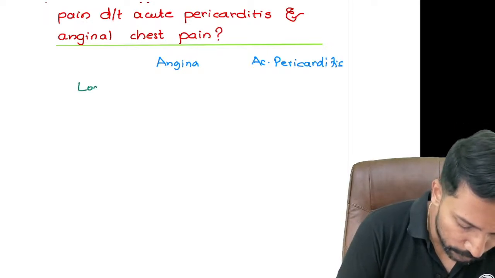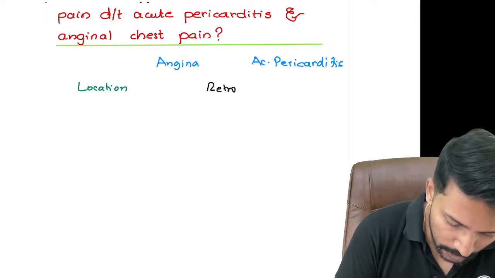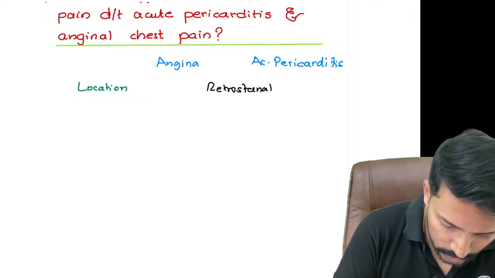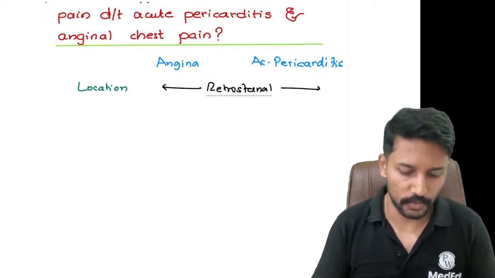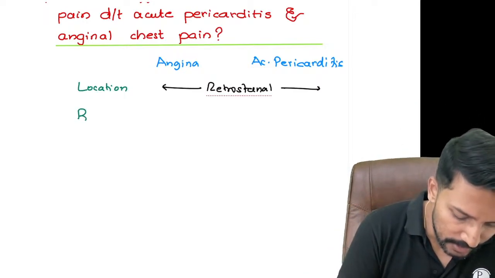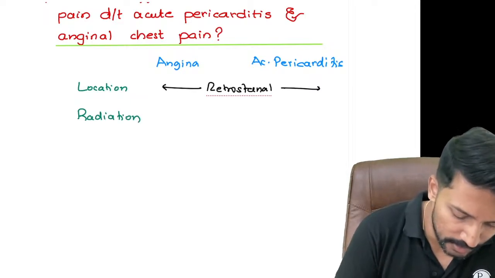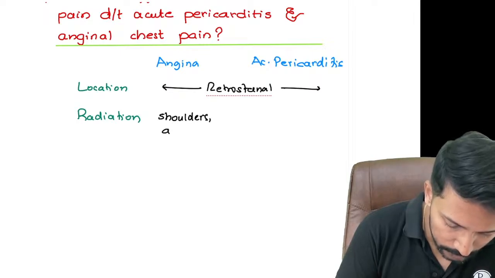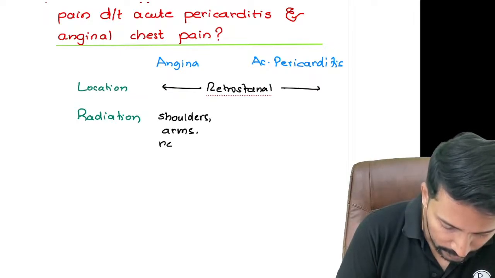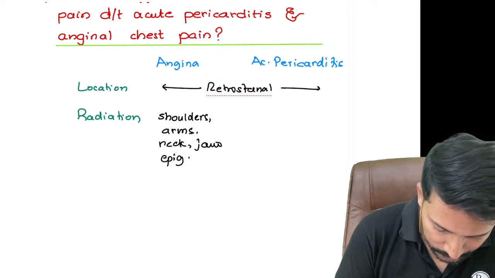Both of them, in terms of location, are located in the retrosternal region. Angina is also retrosternal, pericarditis is also retrosternal, right? But radiation varies. The angina, as I told you, gets radiated to both the shoulders, arms, neck, jaw, as well as epigastrium, right?